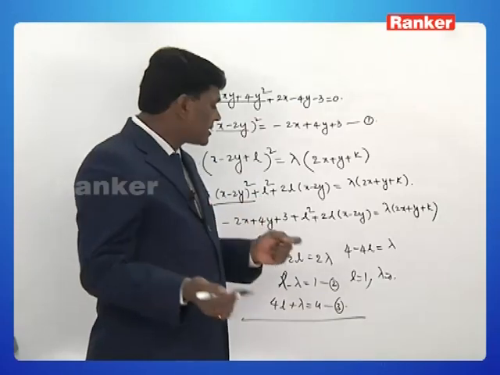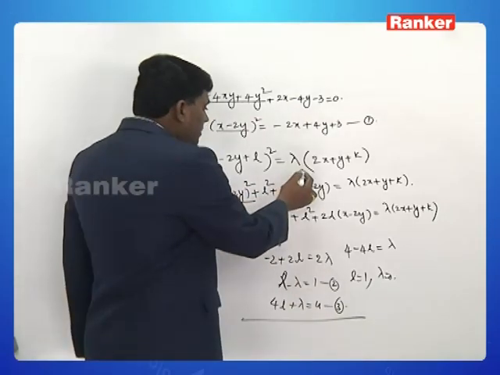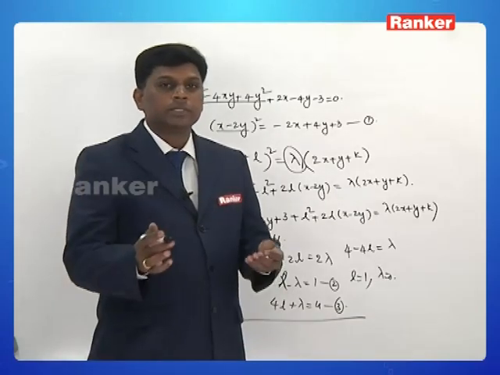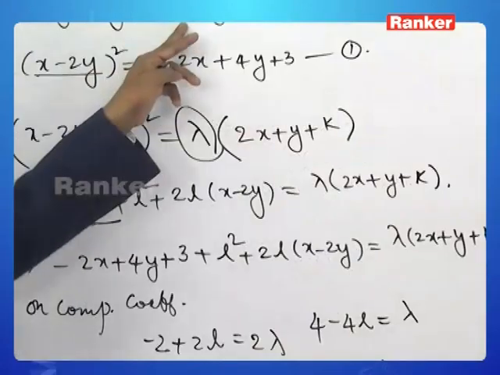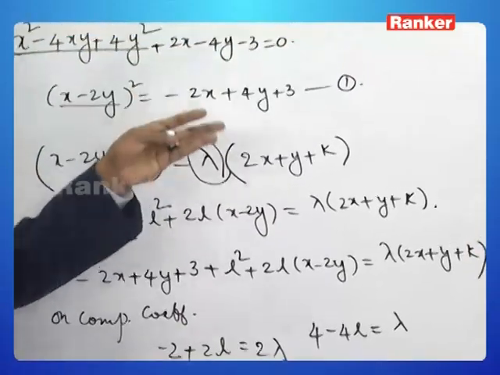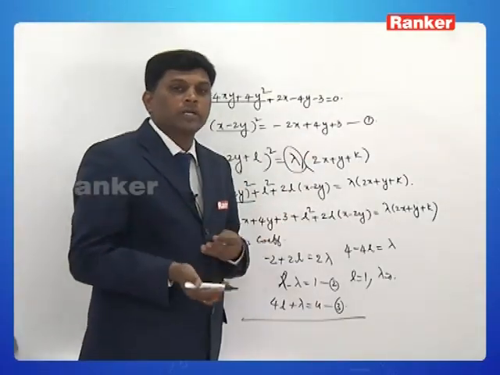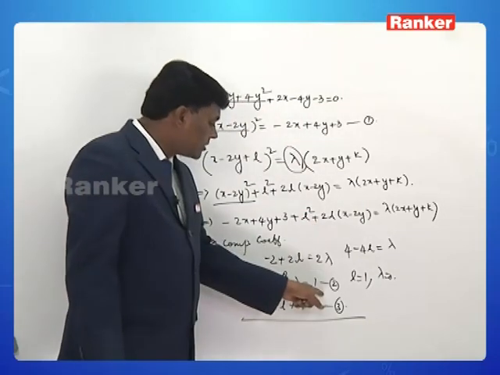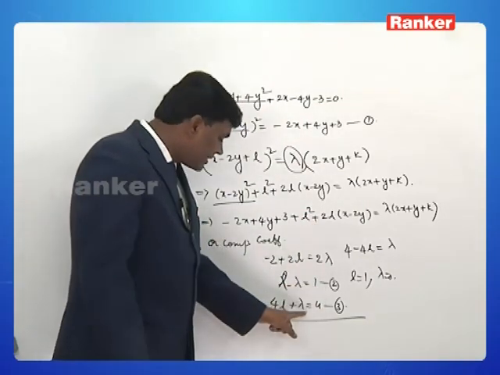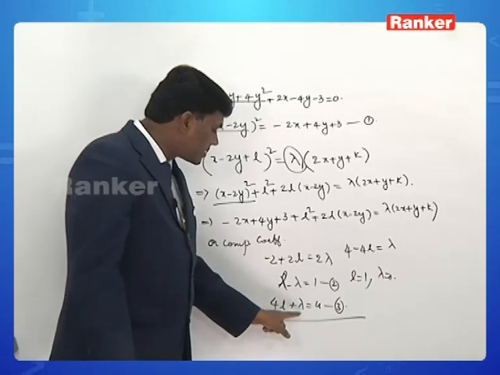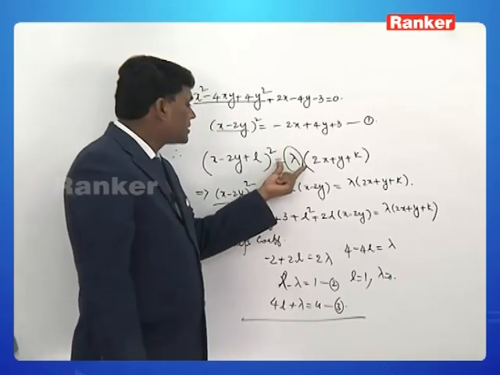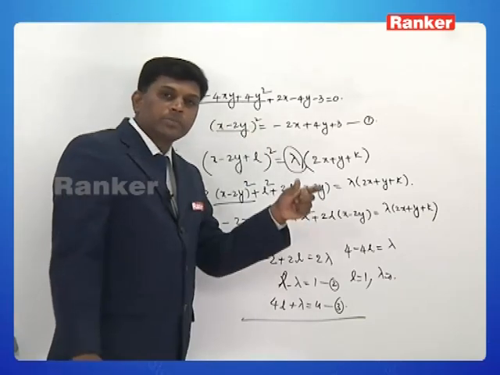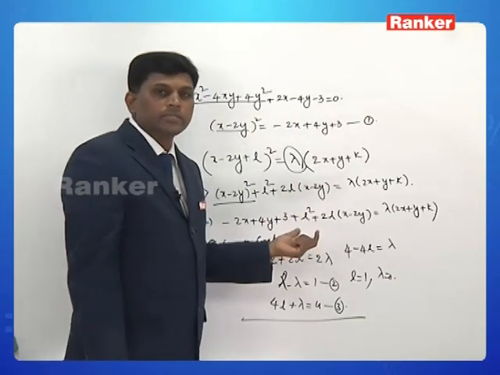One simple logic here: if lambda is 0, we have definitely taken some pair of straight lines, because we did not check whether the determinant is 0 or not. Without checking, we just went through the simplifications. It indicates clearly that if lambda is 0, this part is 0, so the equation can be written in this form, and obviously it represents a pair of straight lines.